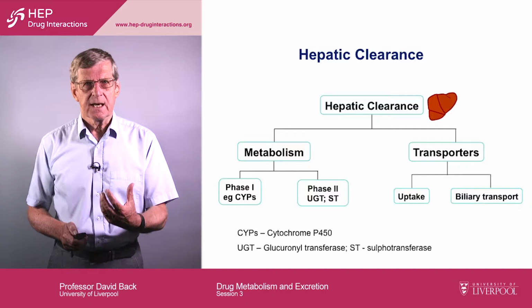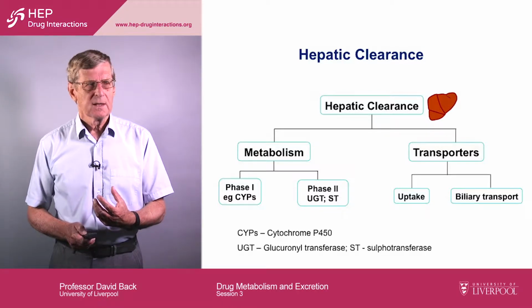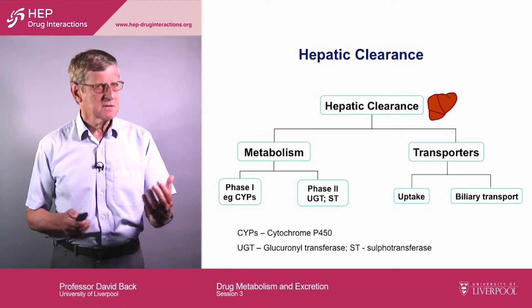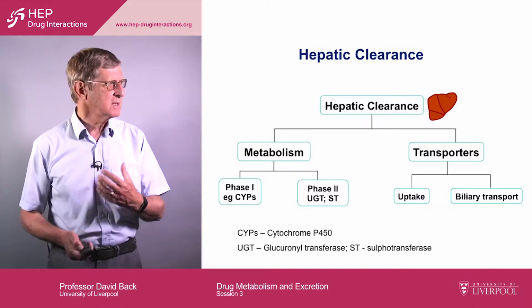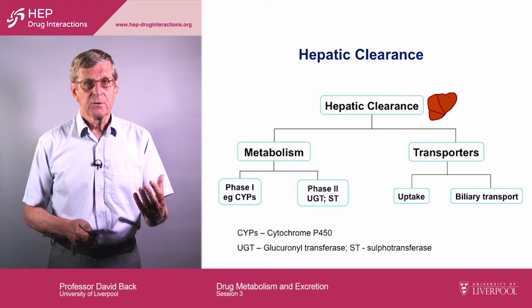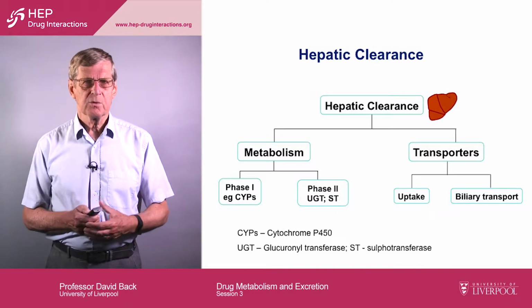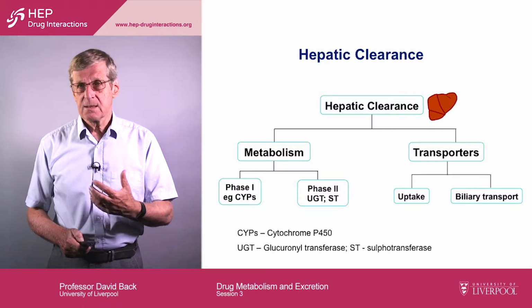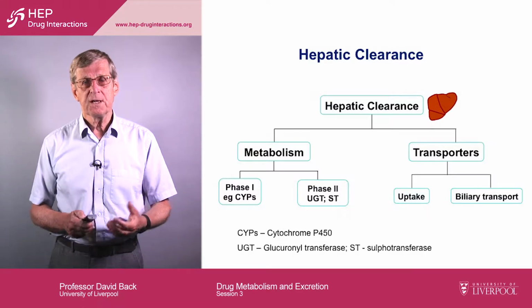So in more detail, focusing on the liver, hepatic clearance can be subdivided into the processes of metabolism and transport. Metabolism is phase 1 metabolism and also phase 2 metabolism. What do we mean by those phases? Well, phase 1 is by enzymes such as cytochrome P450.